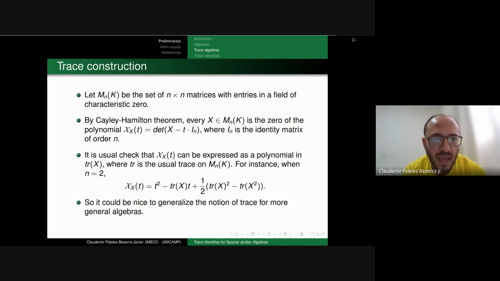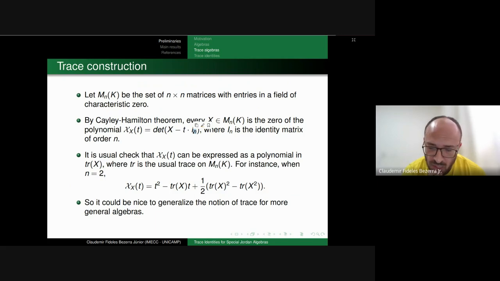By the Cayley-Hamilton theorem in linear algebra, every matrix is a zero of its characteristic polynomial in this way. Here, the symbol is the identity matrix of order n.